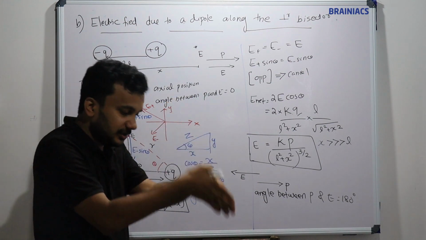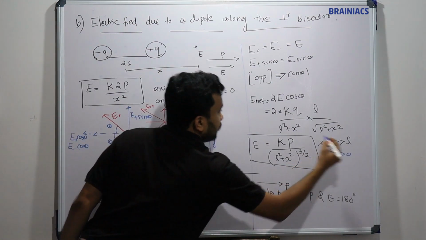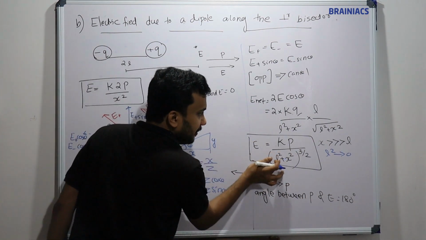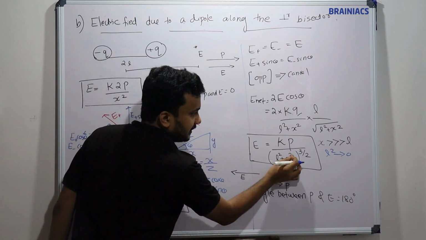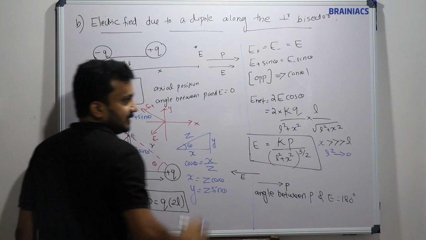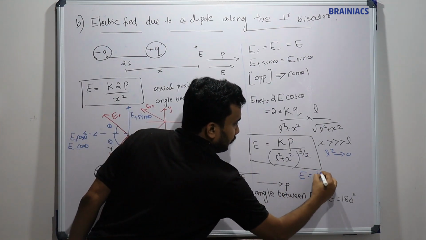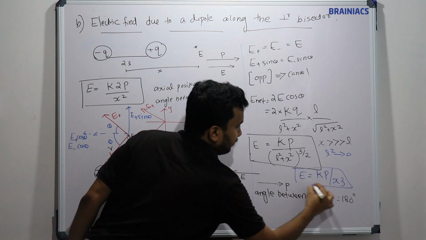Then L square will tend to 0, more closely equal to 0. So L square can be neglected here. If I neglect L square, what will come? X square to the power 3 by 2. 2 and 2 cancel. So what will come? X cube. So in this case the formula Kp divided by X cube will come.